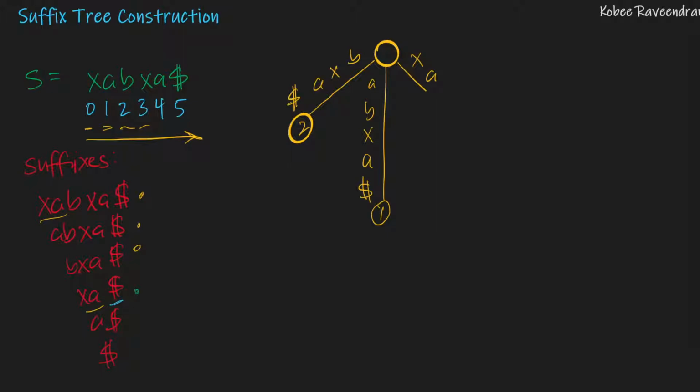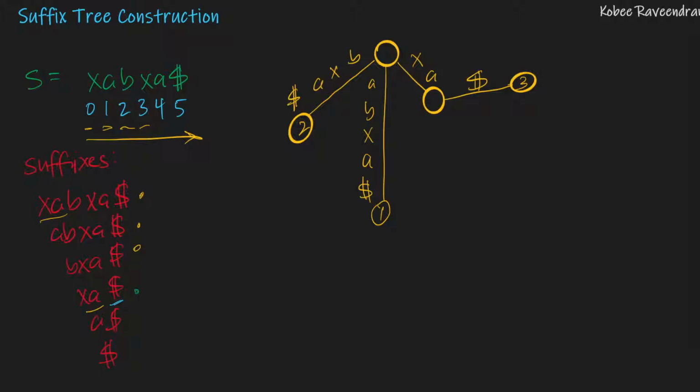So here I'll make an internal node, and from that internal node there is one path where I just take the $, and that leads me to the suffix beginning at index, what is that, 3? Yeah, 3.